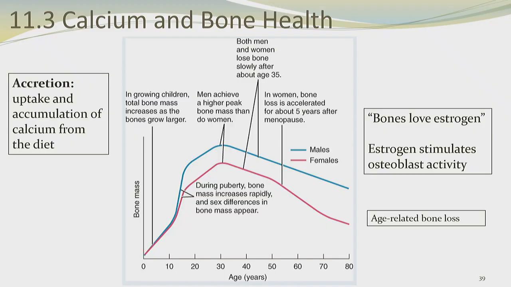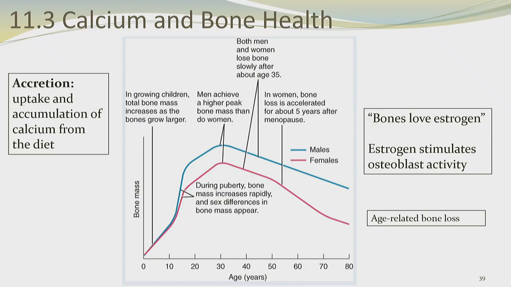So what is happening here? One important thing to remember is that bones love estrogen, right? Because estrogen stimulates osteoblast activity. Osteoblasts are the builders, which, if you recall, is important for building stronger bones. Okay.